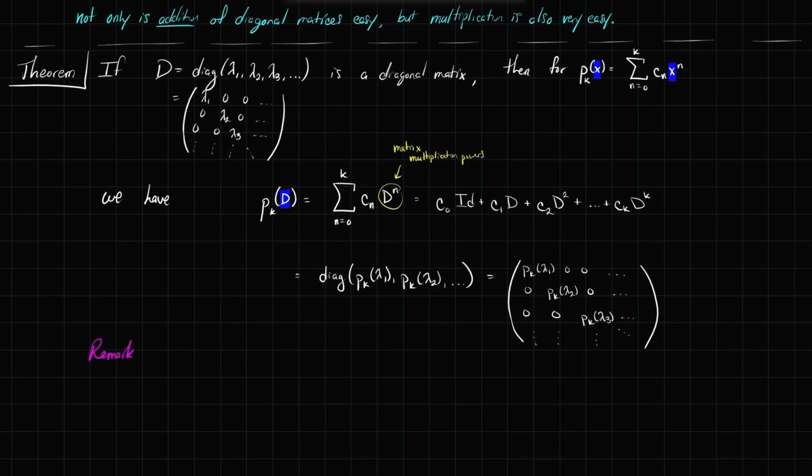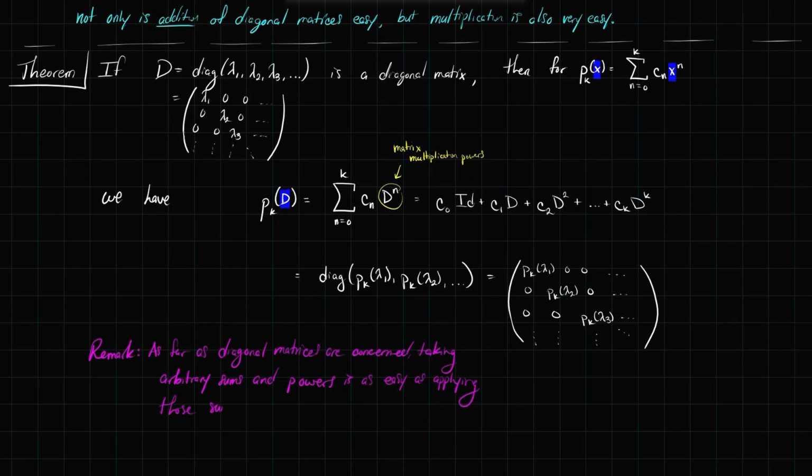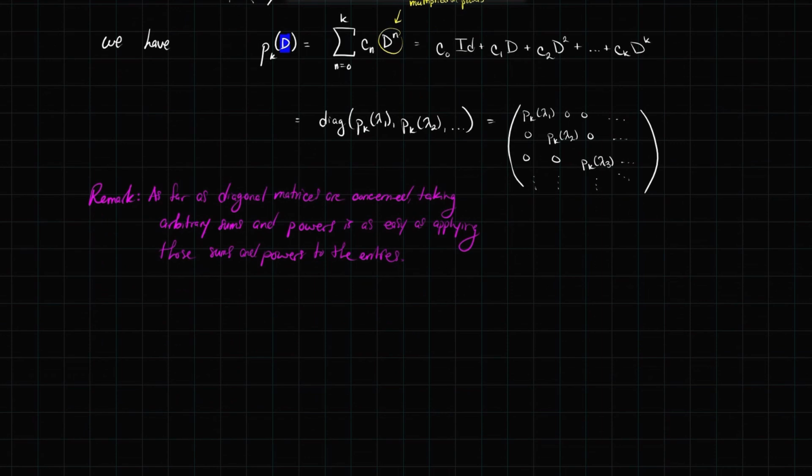Remark: as far as diagonal matrices are concerned, taking arbitrary sums and powers is as easy as applying those sums and powers to the entries. It's kind of like the freshman's dream, so to speak. You can just pass everything you want to do to the inside of the matrix.